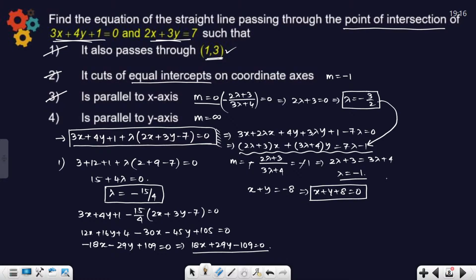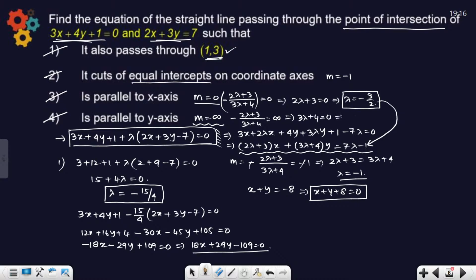That's it. Now, for the fourth one, the line is parallel to the y-axis. As I told you, your aim in this case will be infinity. Again, what is the slope of the family of lines? It's 2 lambda plus 3 over 3 lambda plus 4, which in this case is infinity. It is possible only when 3 lambda plus 4 equals 0.